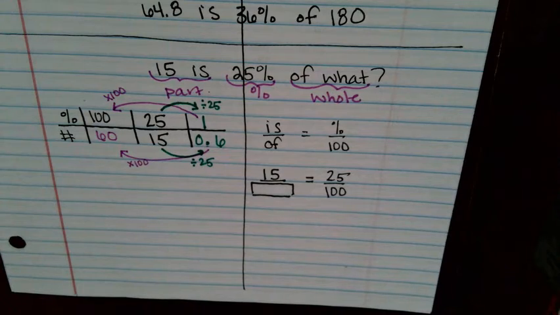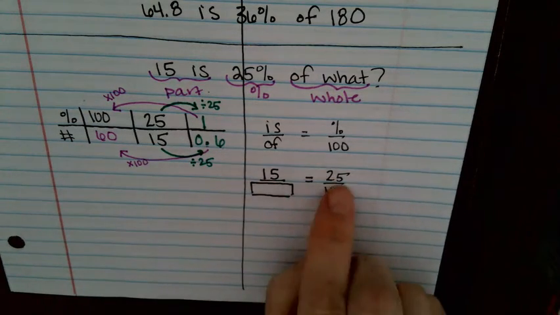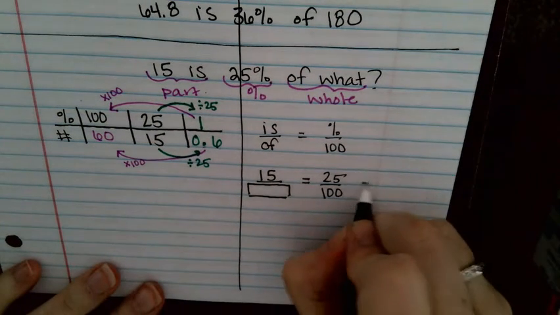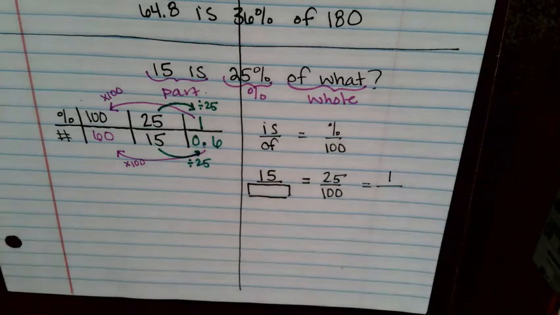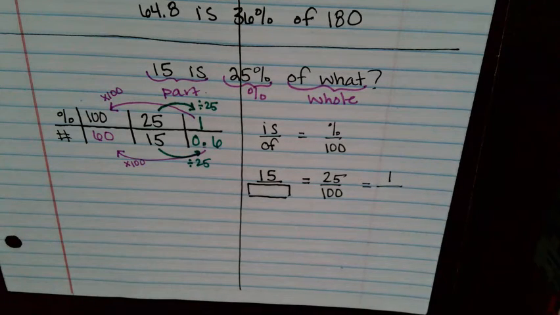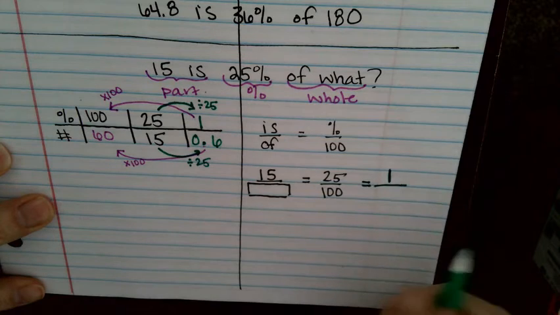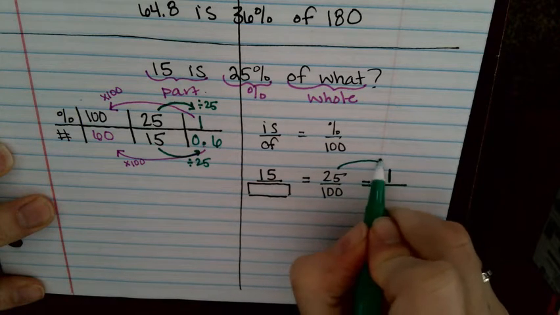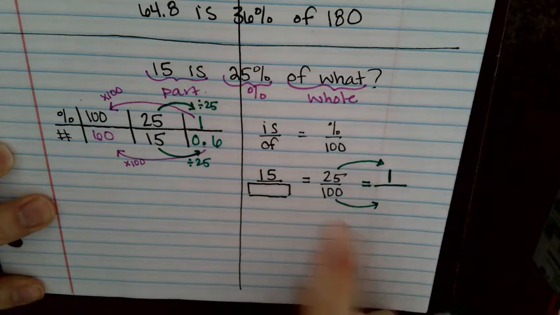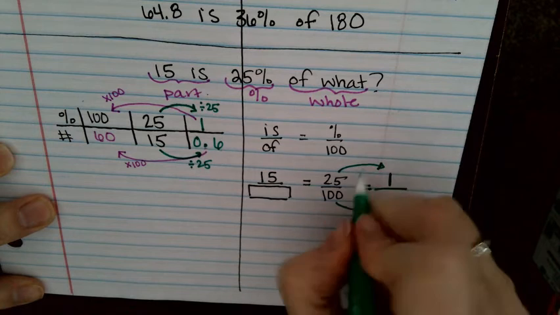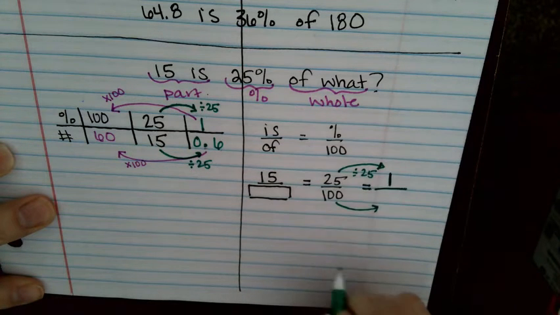So again, since I have the two numerators, I can easily find 1. I want to use a different color here. Let's try this green here. I can easily find 1 by dividing both 25 and 100 by, and remember, I'm going from 25 to 1, so I have to divide by 25.